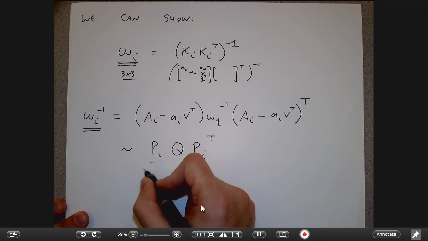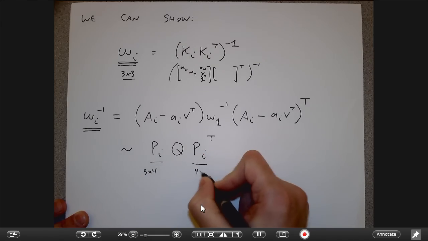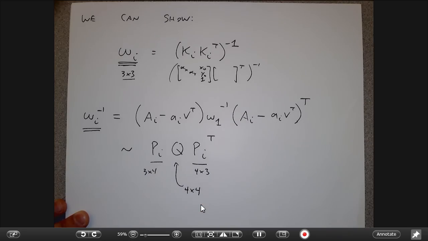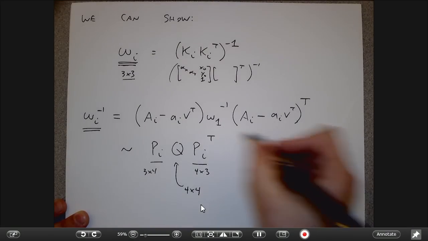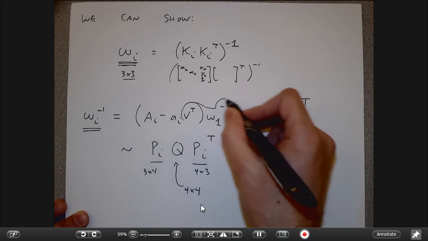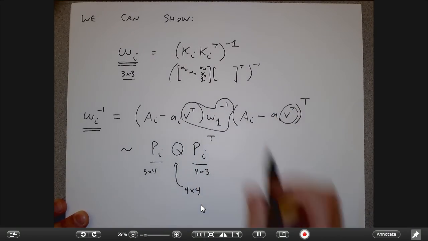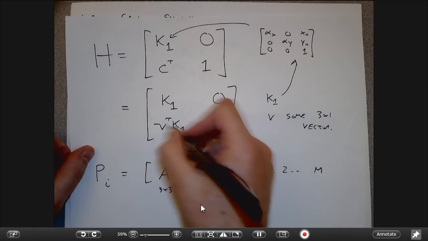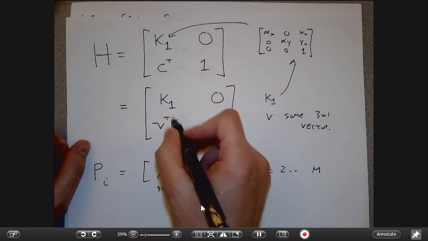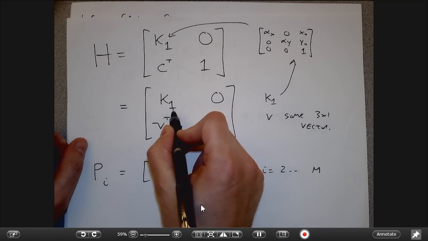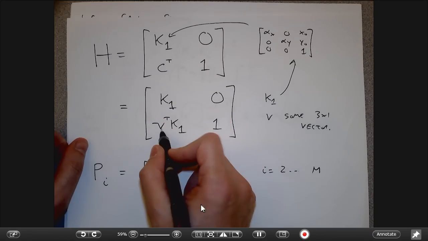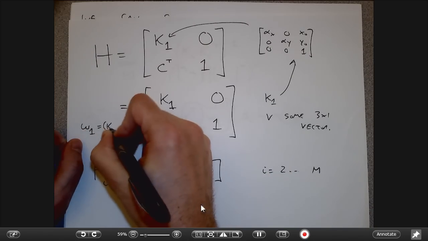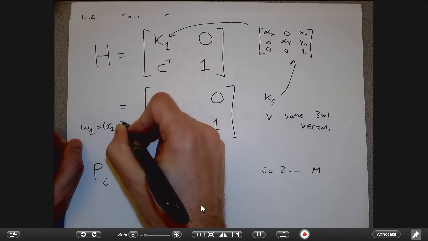This is going to be 3x4, this is going to be 4x3, and here is some special 4x4 matrix in the middle. This 4x4 matrix only involves V and omega 1, which is involved with the original parameterization of H. So H depends on the camera calibration matrix of the first camera and this V. I also have this omega 1, which is K1 transpose inverse.